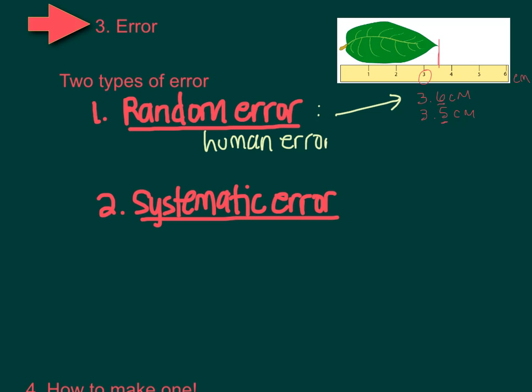So random error is going to be different every time. And what I mean by that is that it's going to be all over the place. It's random. You're not going to make the same mistake every time when you're a human. You're going to maybe read that incorrectly because you didn't wear your glasses that day, or maybe you're going to see it as being slightly past or slightly before where you think the 3.5 mark is. Whatever. Random error is human error. It's mistakes made in measurement by humans.